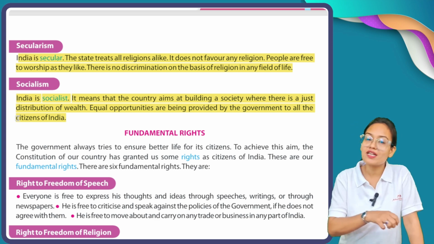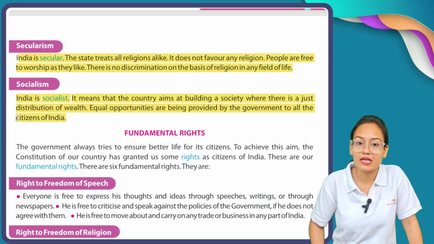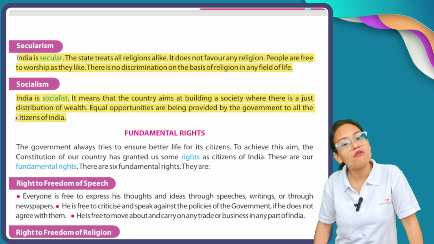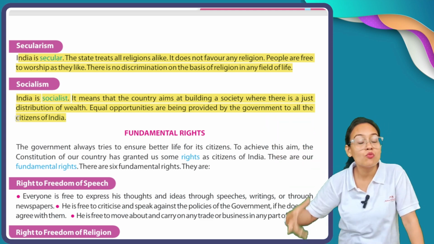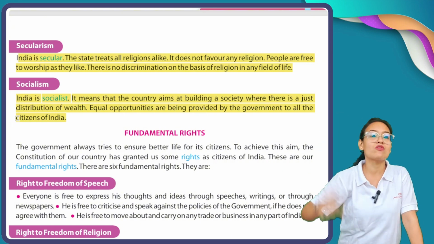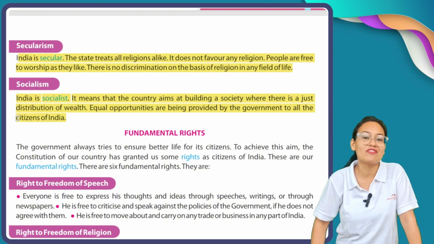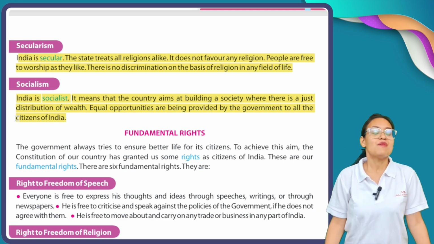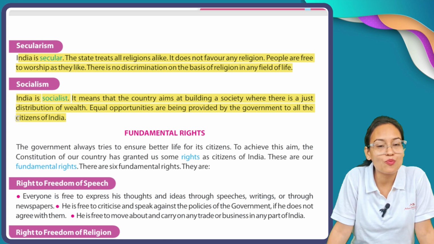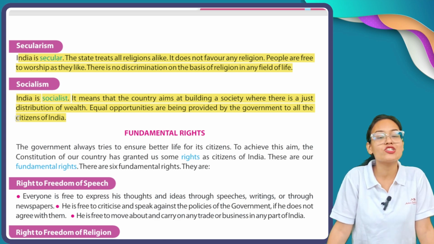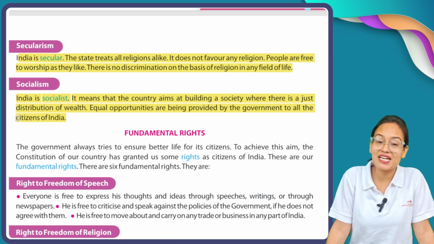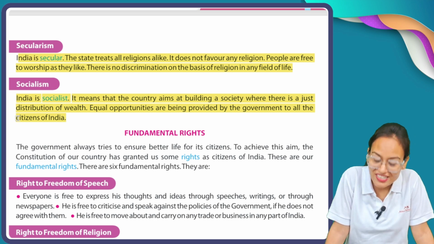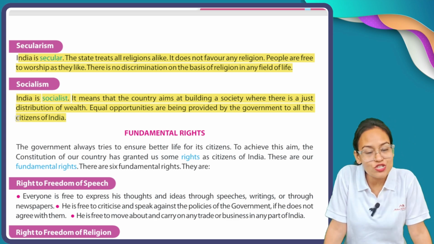See, democracy gives us the power of voting. Democracy gives us the power of forming our government, whom we want, that this particular government rule over ourselves for 5 years. Similarly, India is a secular country because India gives us equal opportunity to follow our religious interest. Similarly, India is also a socialist country. Now, why is India a socialist country?